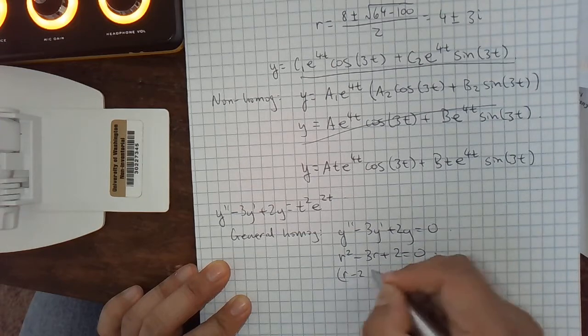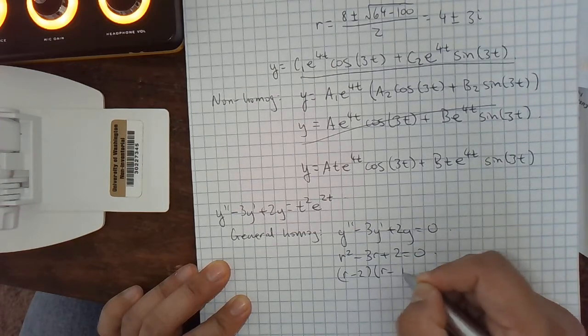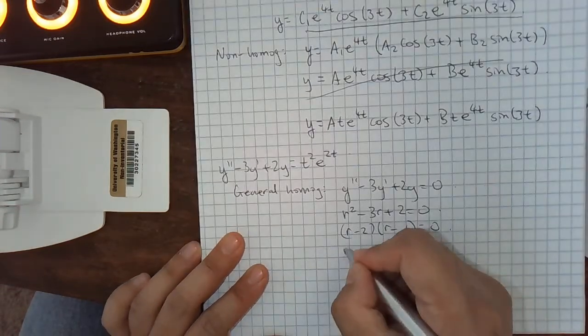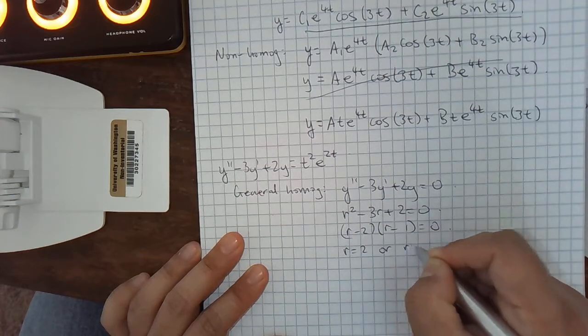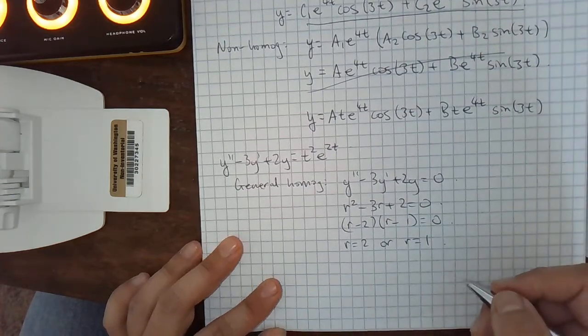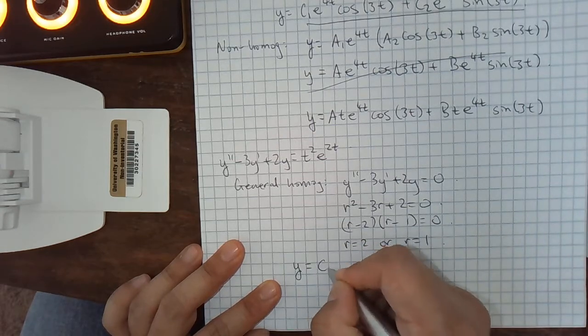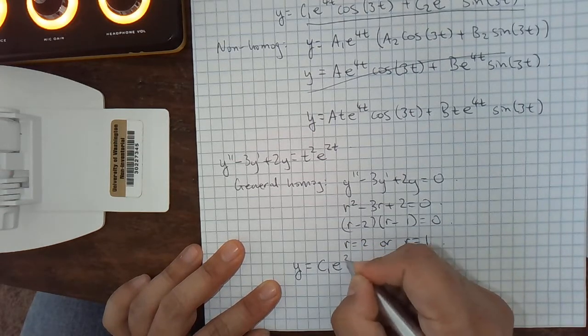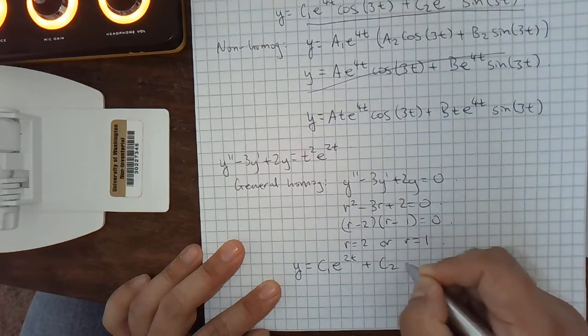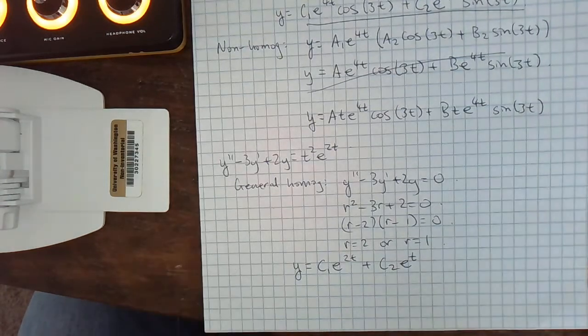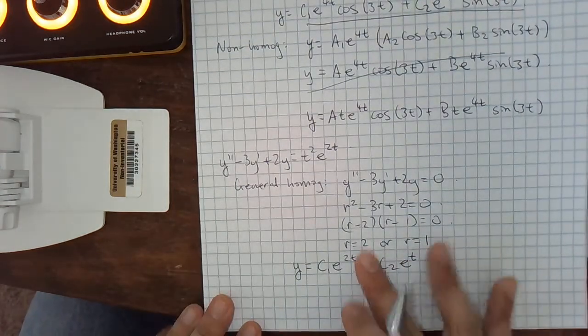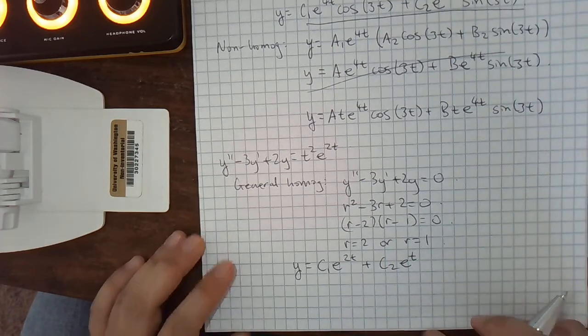So r minus 2 times r minus 1 is 0. r equals 2, or r equals 1. So then the general solution is going to be c1 e to the 2t plus c2 e to the 1t. This is the nicest version where you have two distinct real roots, right?